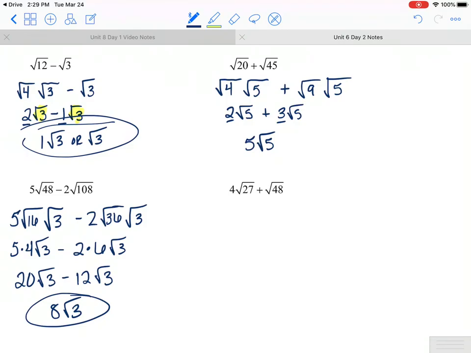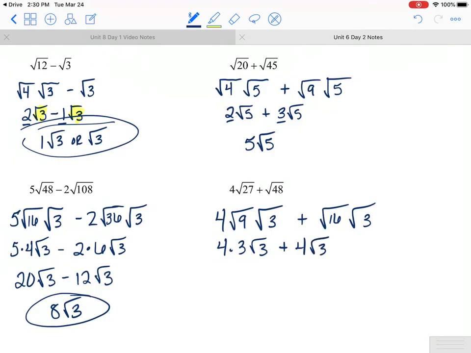All right, so I'm going to pause the video. Try this one on your own. So for this one, I can split up 27 into 9 and 3. 48, 16 times 3. So I get 4 times 3 radical 3.